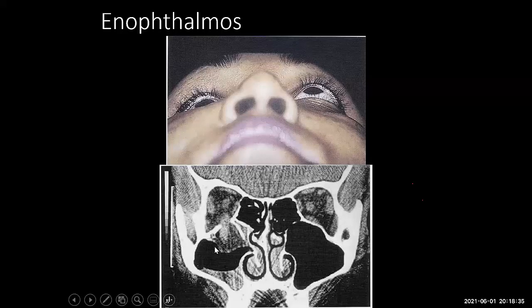Now, this kind of patient needs surgical repair. There are some definitive indications for intervention, like significant enophthalmos, more than 3 to 4 millimeters, and a significant diplopia, especially in straight gaze and down gaze.